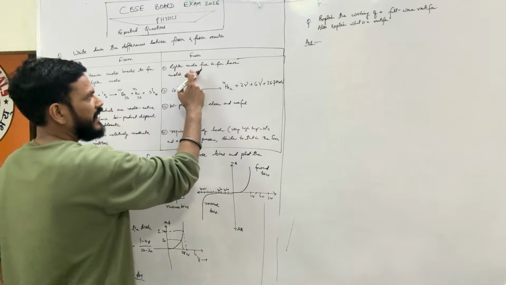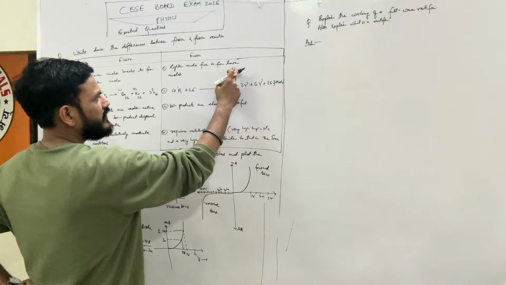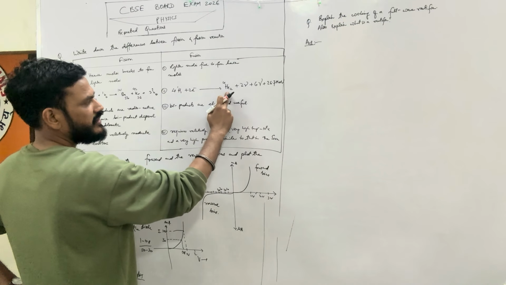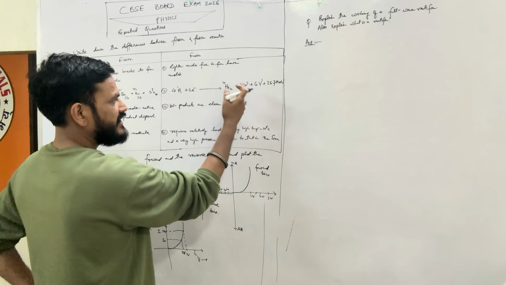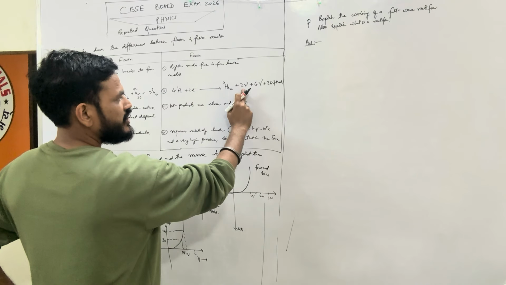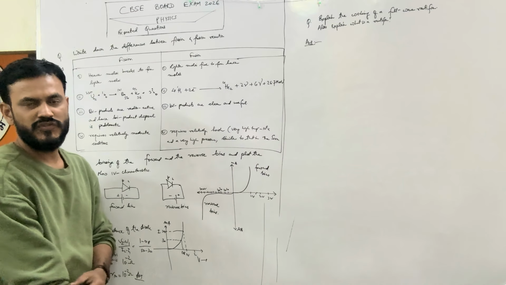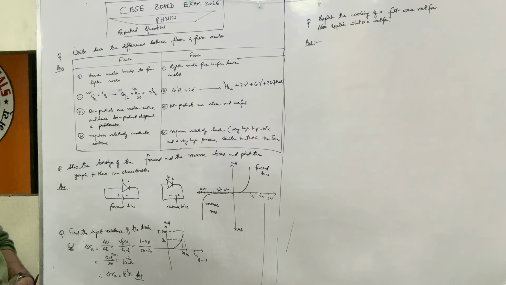Whereas in fusion, lighter nuclei fuse together to form heavier nuclei. So four hydrogen nuclei fuse together to give you a helium nucleus, slightly heavier. Two neutrinos and six photons are released along with 26.7 mega electron volts of energy.